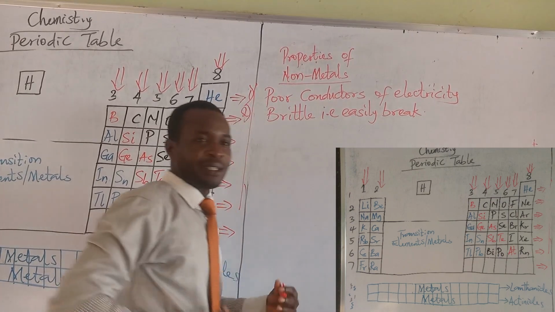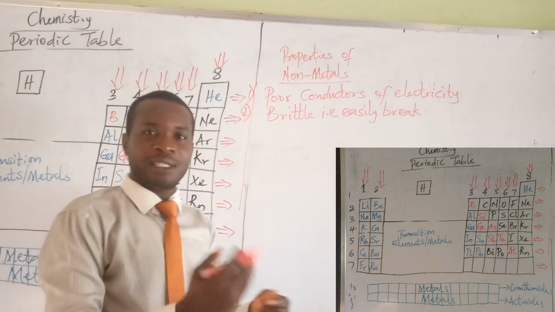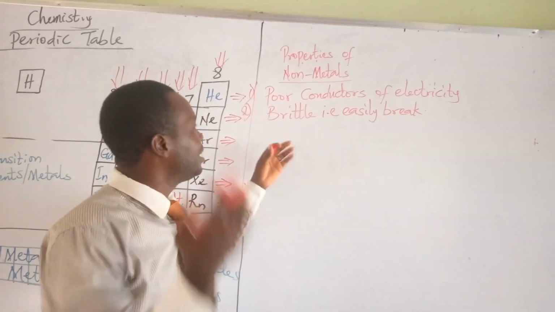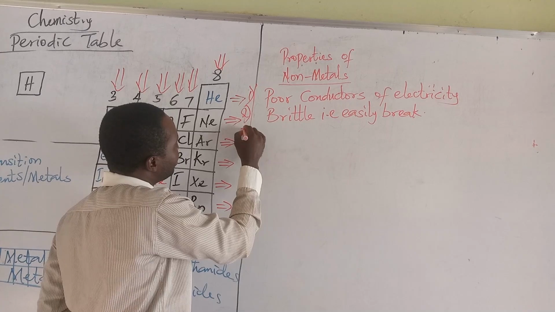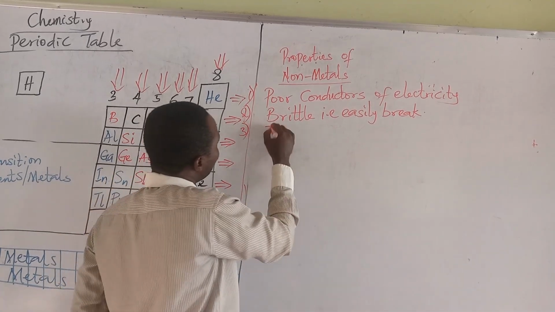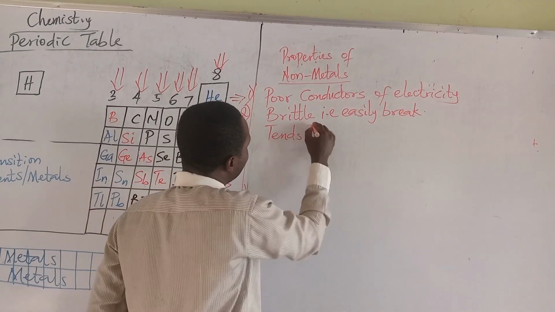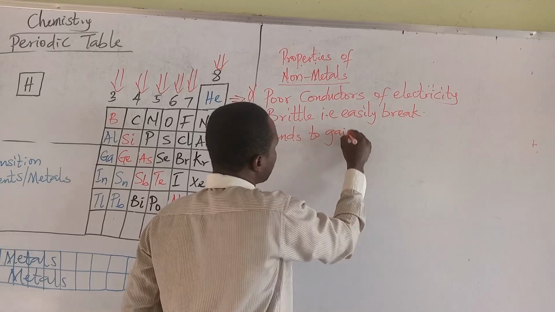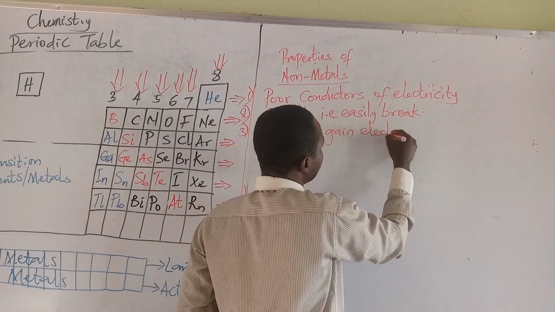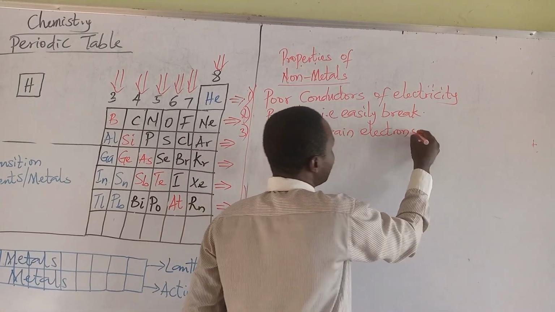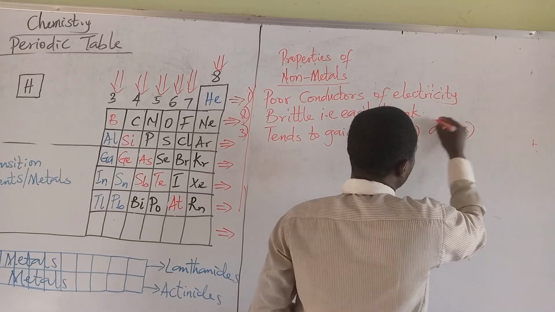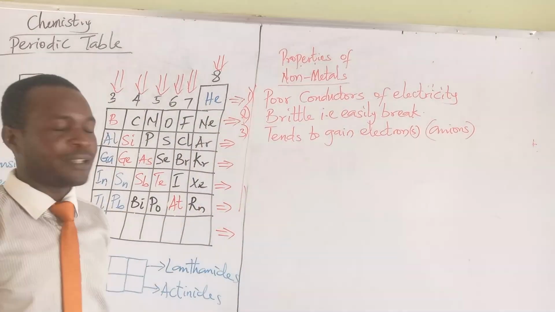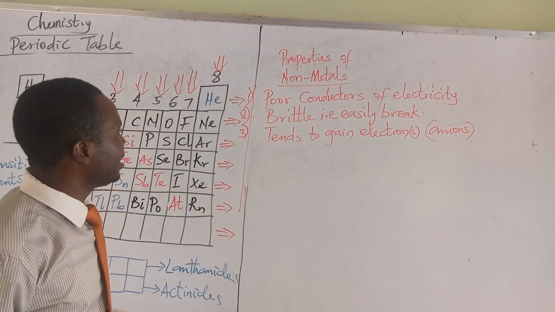So when you hammer a metal, you can shape it to any desired form, but when you hammer a non-metal, it easily breaks. Number 3, non-metals tend to gain electrons, so they form anions, that is negative ions.